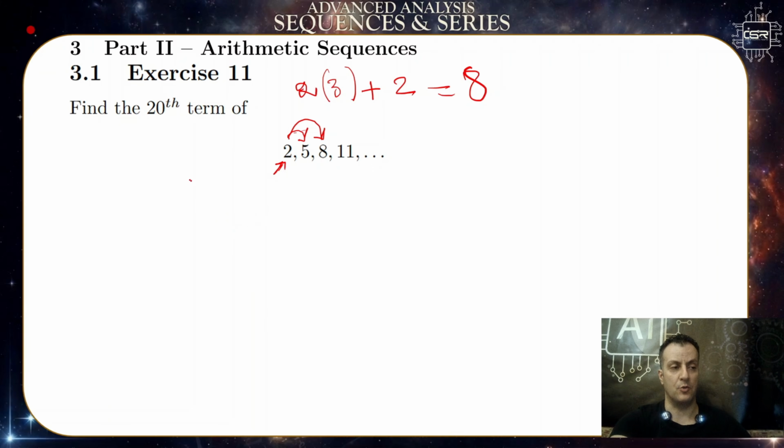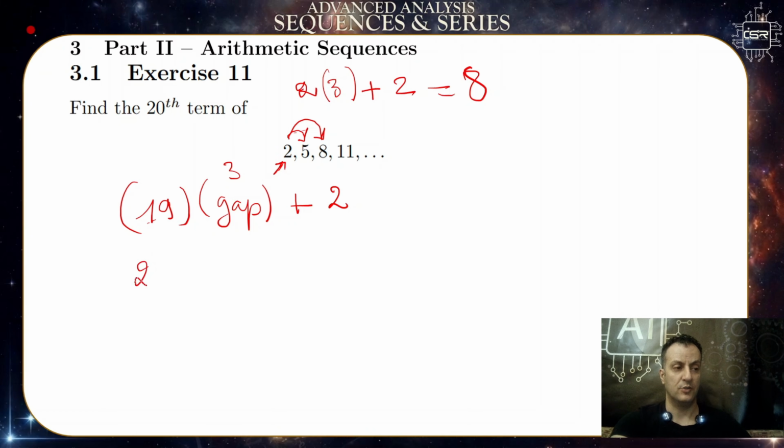So the 20th term includes the 2 at the beginning. So the 20th term would be 19 multiplied by the gap, which is 3, plus the original term, which is 2.